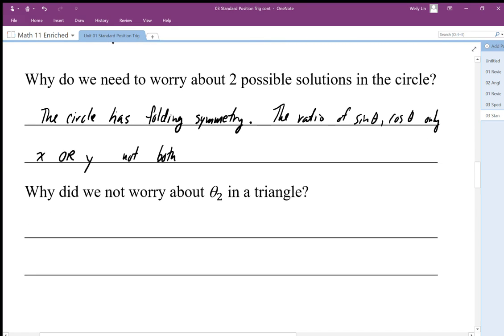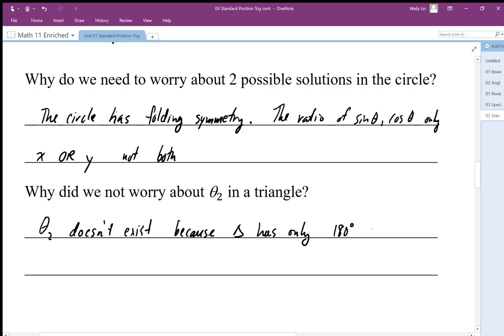So why did we never worry about this theta 2 before? Well, in triangles, theta 2 is not a problem, because theta 2 doesn't exist. The triangle can only add up to 180 degrees.